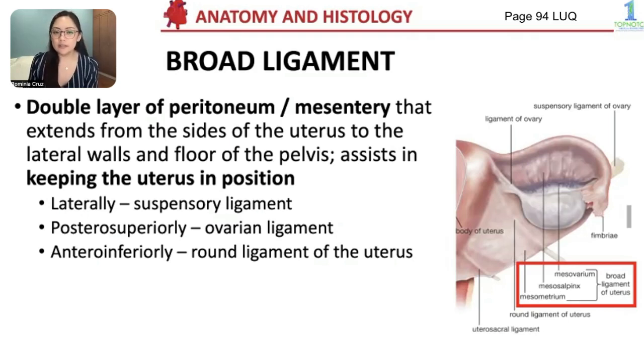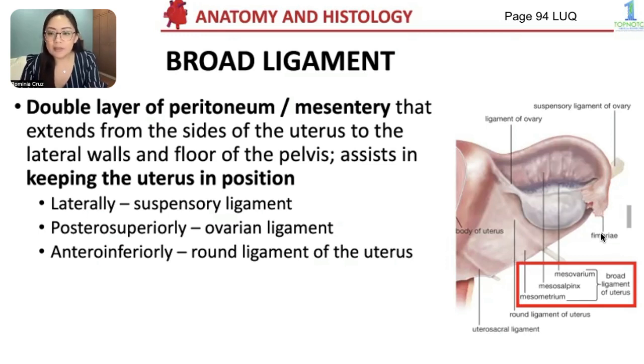But there are other supporting structures to your uterus, and one of which would be your broad ligament. Your broad ligaments are two wing-like structures formed by the peritoneum or your mesentery, which would extend from the lateral border of the uterus all the way to the pelvic side walls. Since it is formed by your peritoneum, they're not actually true ligaments.